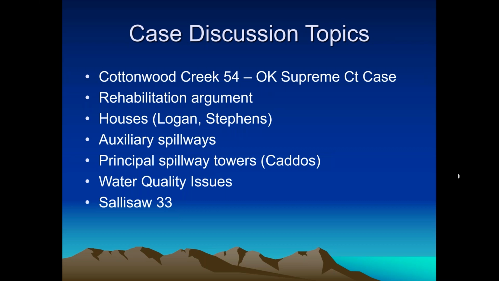That has been a problem that we continually fight in Oklahoma. And then recently we've had 5 structures where cement has been poured down the principal spillway tower, and the landowner was trying to close that off. There's lots of different examples that I could go over, but hopefully that gives you a brief summary. I'm going to go ahead and conclude it there and then take any questions.